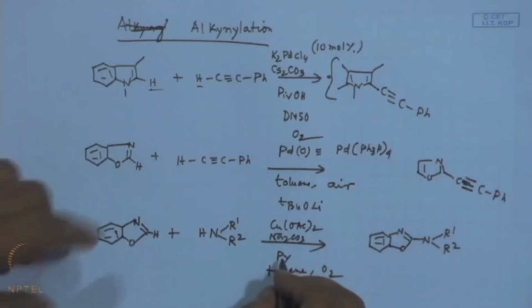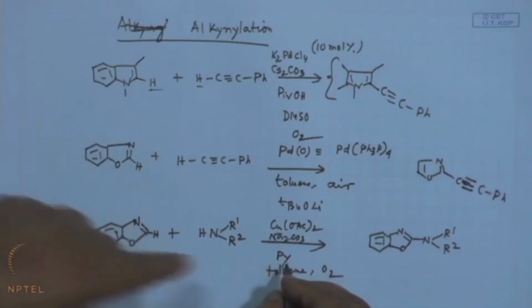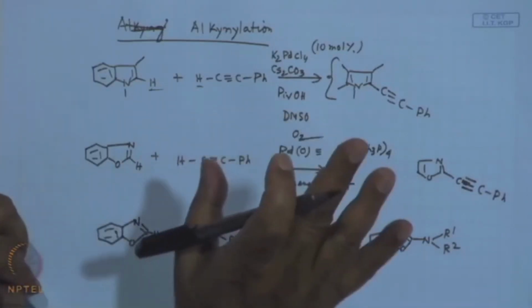Sometimes you will see in the reaction conditions they use pyridine, that means pyridine is not getting affected in this dehydrogenation process. So far we have done alkynylation, and now let us look at whether this alkene can be substituted by an arene, just straightaway arene. And I have one more example of amination. It is very common.